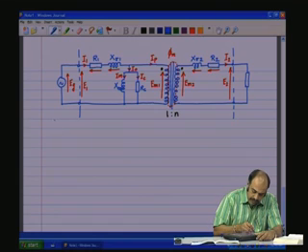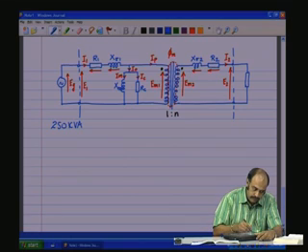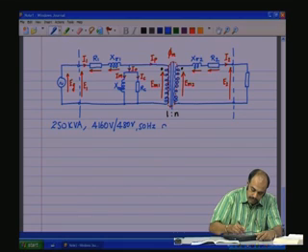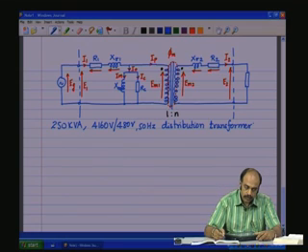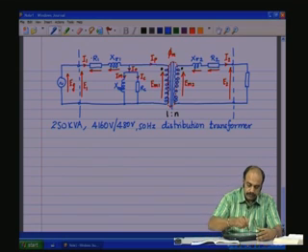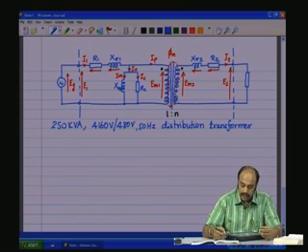Let us say the rating of the transformer is 250 kVA with a primary to the secondary voltage ratio of 4160 volts to 480 volts, 50 hertz distribution transformer. For this transformer, let us try to find the various values of the reactances from the per unit values of the previous table.